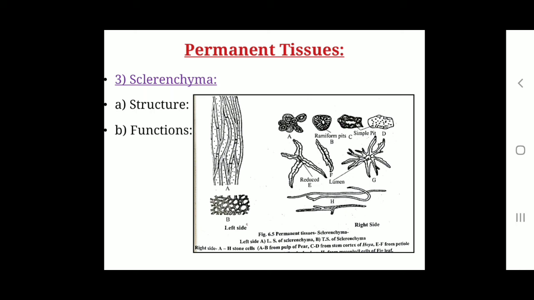The walls are very much thick and usually dead when mature. The lumen is much reduced. The average length of fibers is 1 to 2 mm, but exceptionally long fibers may be present in hemp and flax, about 20 to 550 mm.